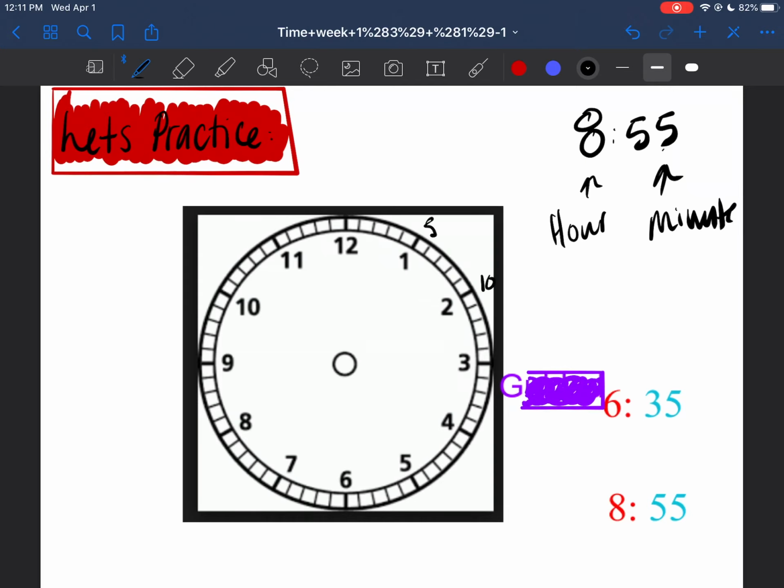So 5, 10, 15, 20, 25, 30, 35, 40, 45, 50, 55, and this is going to start my new hour up here. 55 minutes is all the way over here on this clock, so it's almost the new hour. So when I draw my hour hand, yes, it's 8, but it's almost 9. So I'm going to make sure that my hour hand is almost touching the 9, but not quite. Now that I've labeled my clock, I can show 55 minutes.